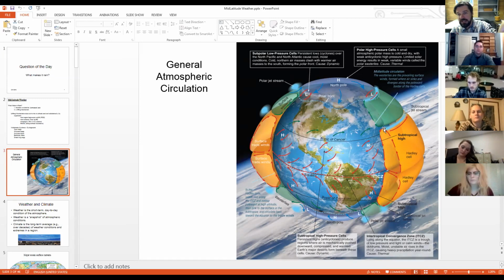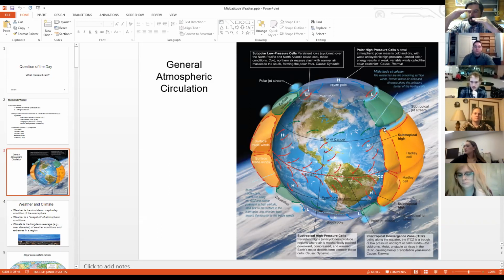So then they descend right at around 30 to 40 degrees latitudes, north and south. And as they descend, that causes them to heat up, right? Because for every 1,000 meters of change that you go down in elevation, just like generally, except for some weird upslope patterns that we've had this season, you would assume that if you go down 2,000 feet to Fort Collins, it should generally be warmer than it is in Laramie, right?